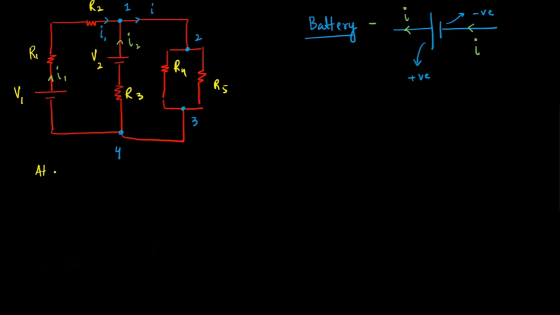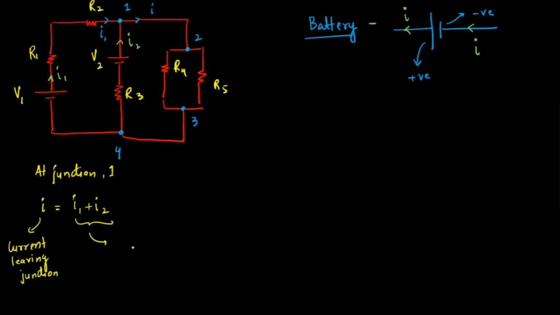At junction 1, whatever current is going outside, the current leaving the junction, must be equal to whatever current is coming into the junction, which is I1 plus I2, the current coming towards the junction. So this is how you are supposed to apply this particular rule.